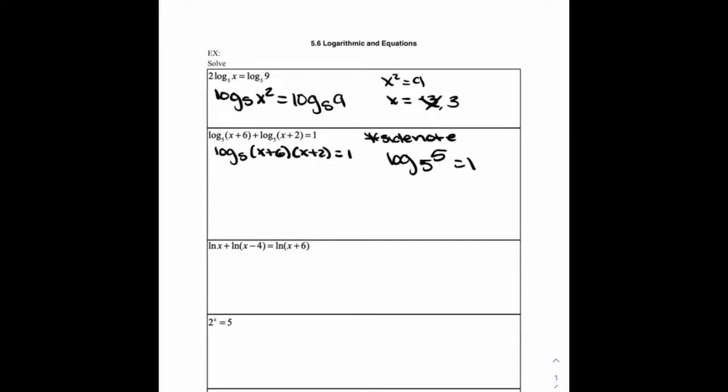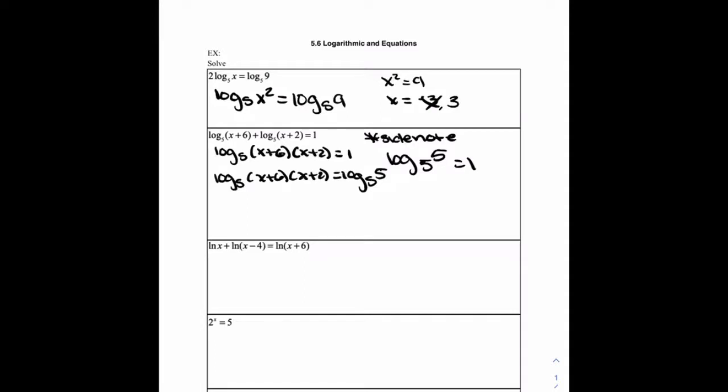So log base 5 of 5 equals 1. In our equation over here, we have a log base 5, so that's why I'm using 5 here, so we can have a common base. So log base 5 of x plus 6 times x plus 2 equals log base 5 of 5.